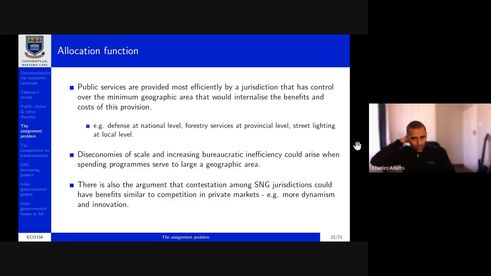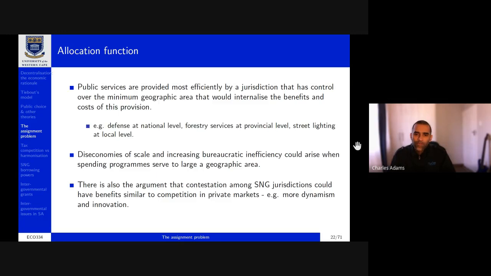So some sorts of functions are best assigned at the national level, such as defense, whereas other types of functions are best assigned at the provincial or local level due to the differences in the geographic contexts, right?